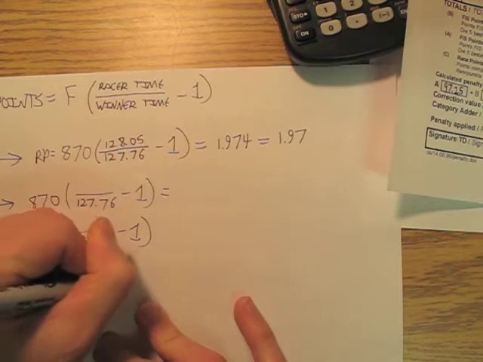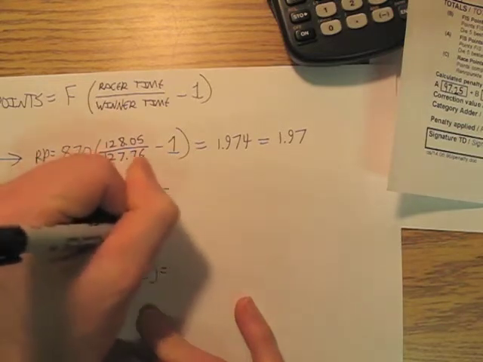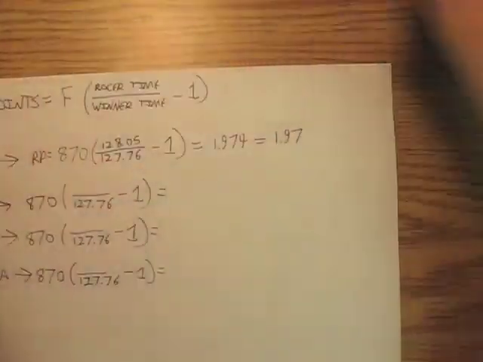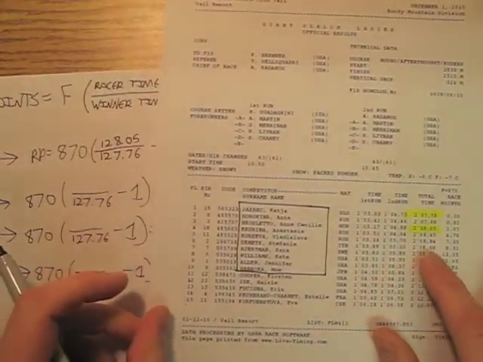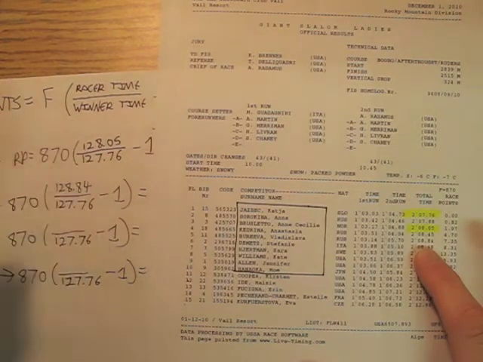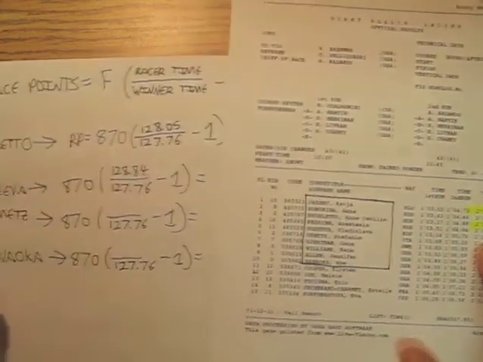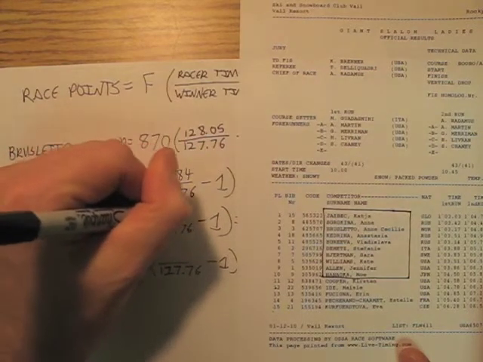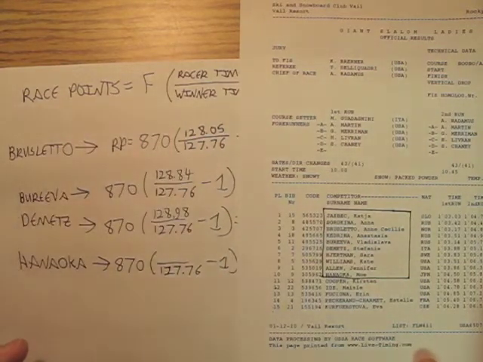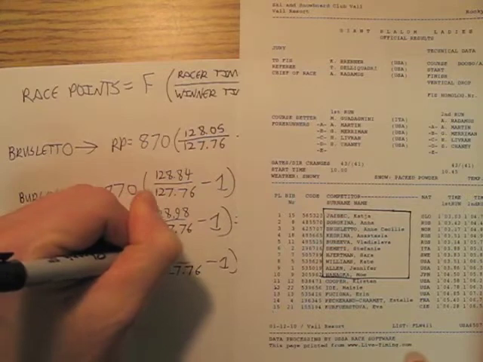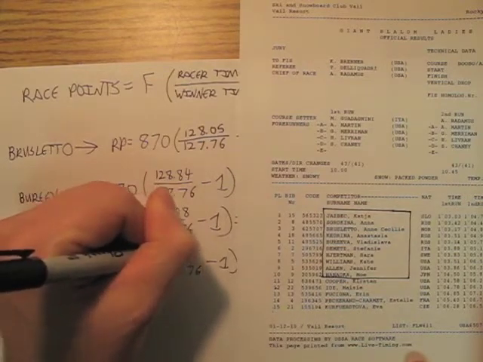Now I gotta track down those times. Okay, so Bareva is going to have a time of 1:28.84. And then Demetz is going to have a time of 1:28.98. And then Hanaoka is going to have a time of 1:30.34.